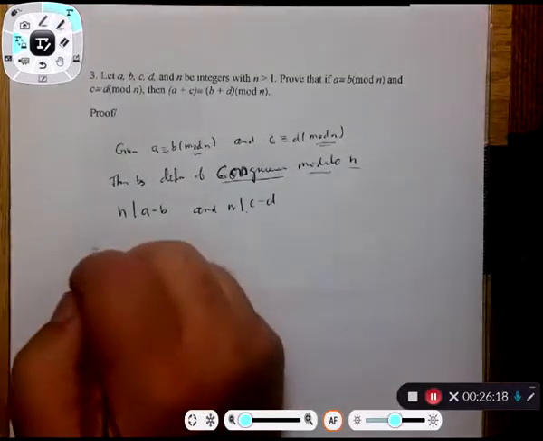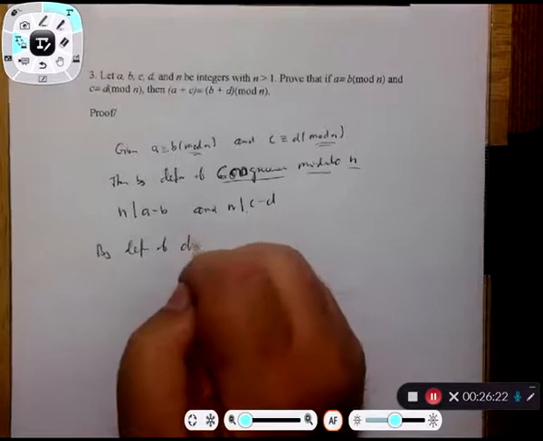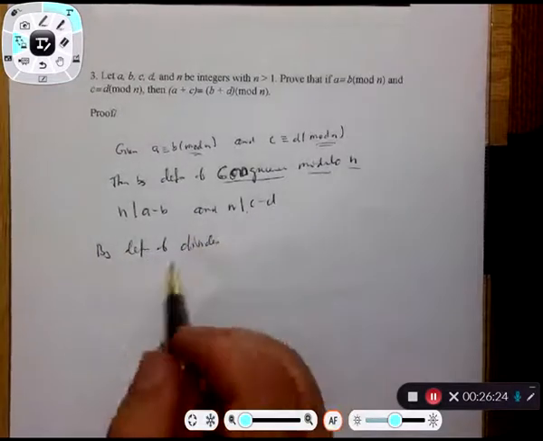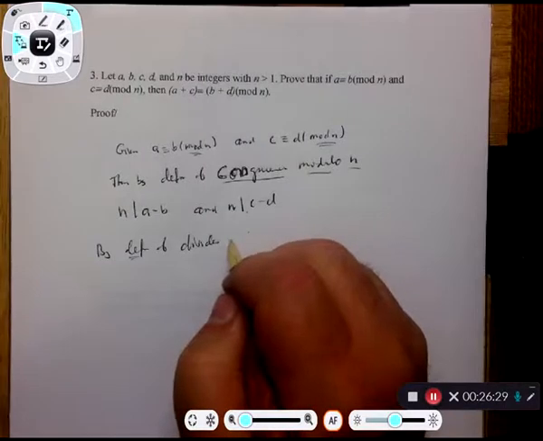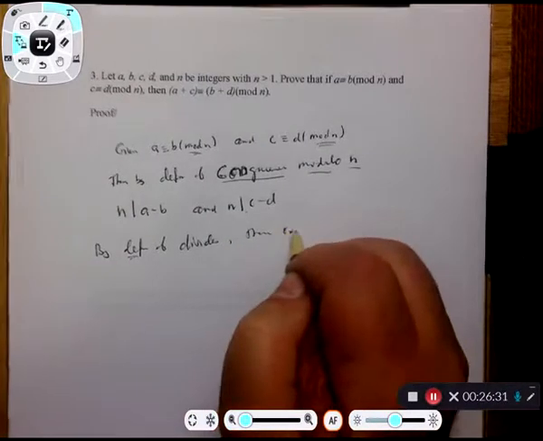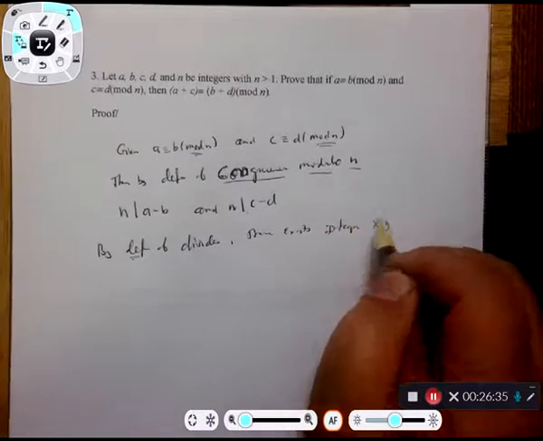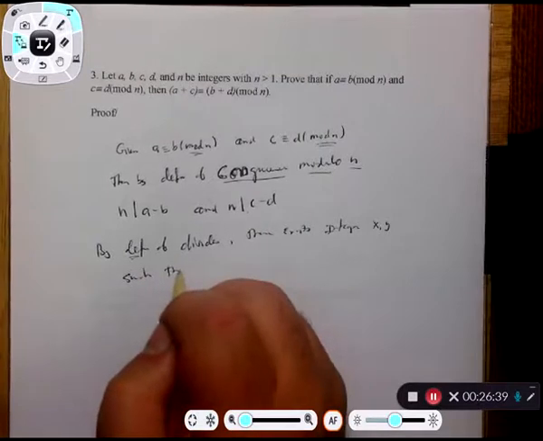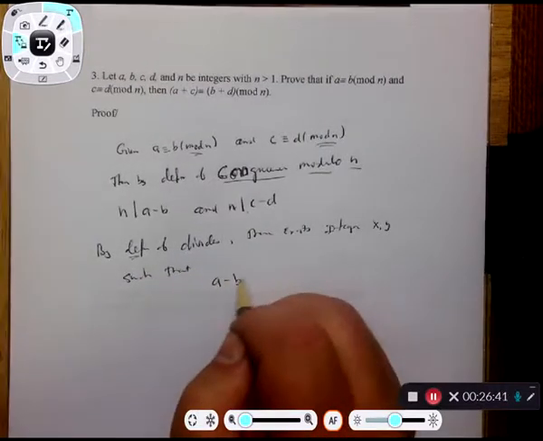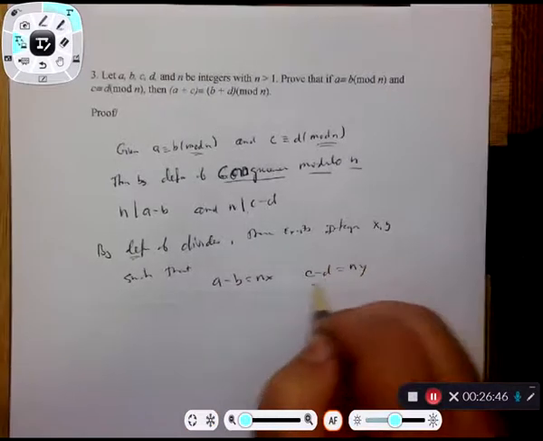And then by definition of divides, and again on an actual written proof you can't abbreviate definition or whatever, there exist integers x and y such that A minus B equals Nx and C minus D equals Ny.